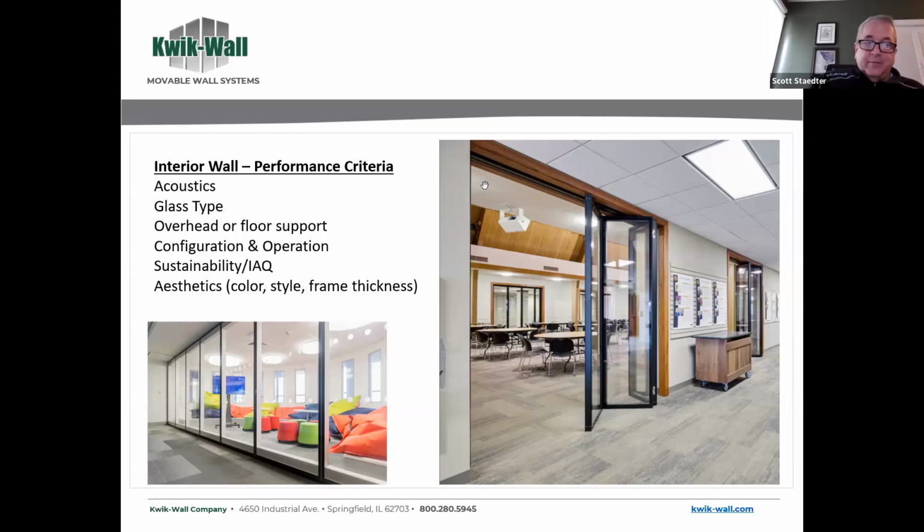Of course, you're looking at sustainability and indoor air quality. Those two things are really important. And of course, there's beauty and aesthetics: color, style, frame thicknesses, all these things come into play when you're dealing with interior wall systems.